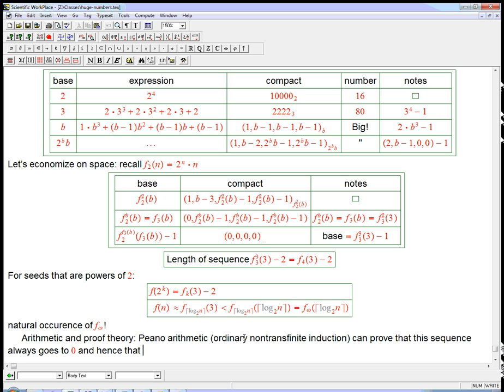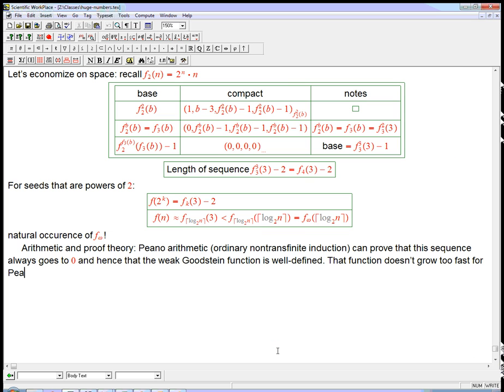And hence that the function, the weak Goodstein function, is well defined. That no matter what you put in, the definition will actually produce a number. And it's going to grow really fast. So that function doesn't grow too fast for Peano arithmetic to handle. But it's pretty darn fast.